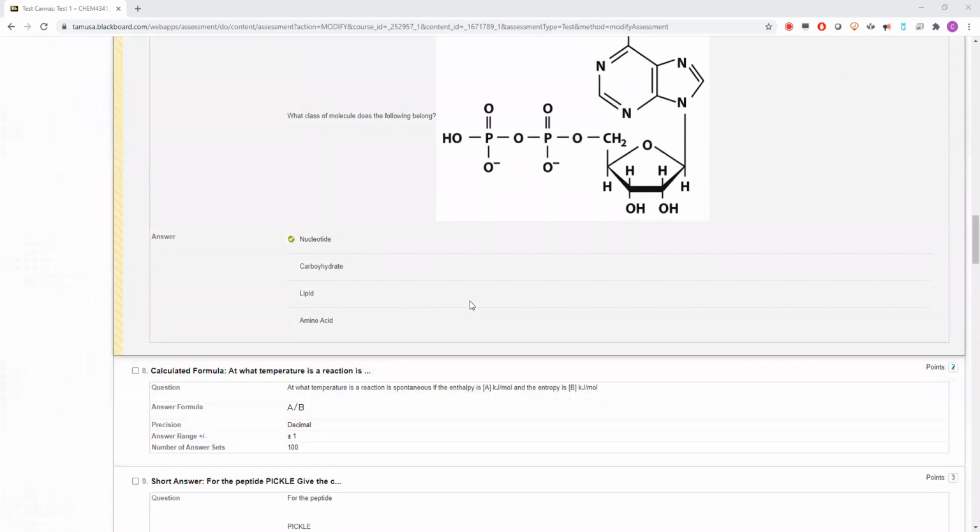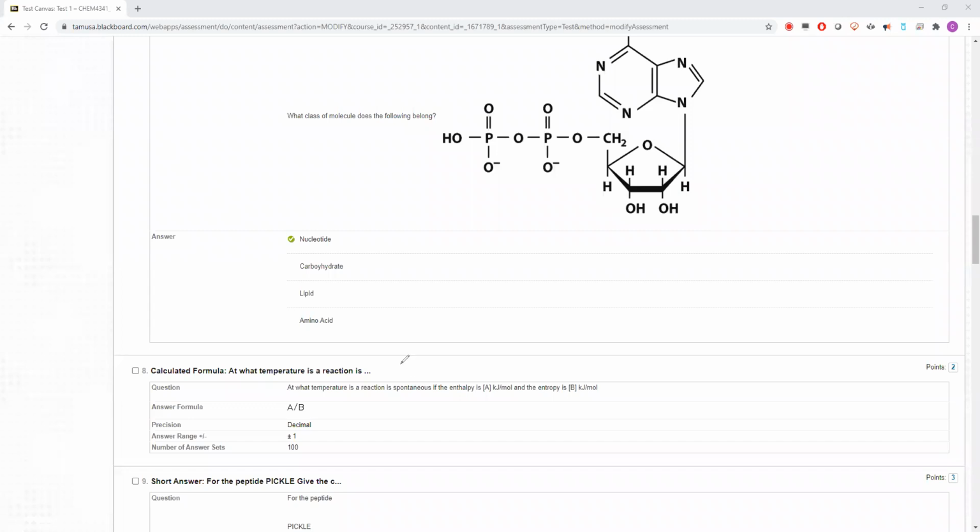At what temperature is a reaction spontaneous, if enthalpy has a value of A kilojoules per mole and entropy is B kilojoules per mole? Everybody got a different value of A and B, so I can just do this using our variables.